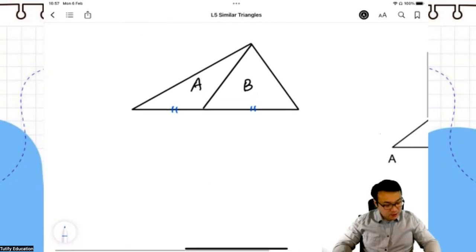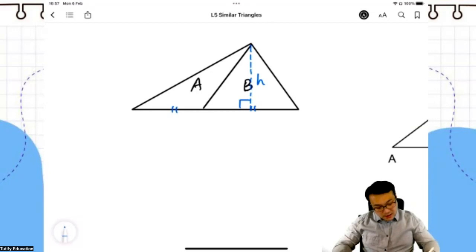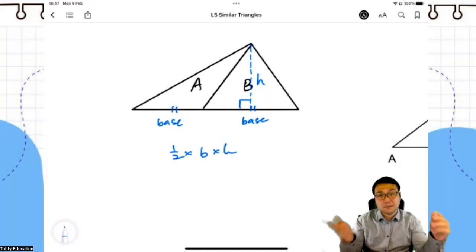Their bases are of the same length. They also happen to share the same height. Because if I were to draw a dotted line like this, 90 degrees, triangle A and triangle B will have the same height, h. If they have the same base and the same height, then if you want to find half times base times height, they will have the same area. Correct?